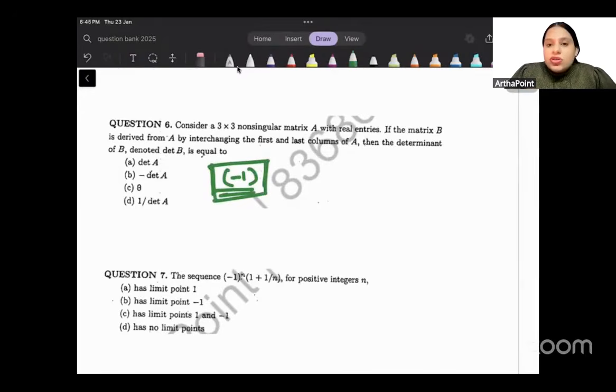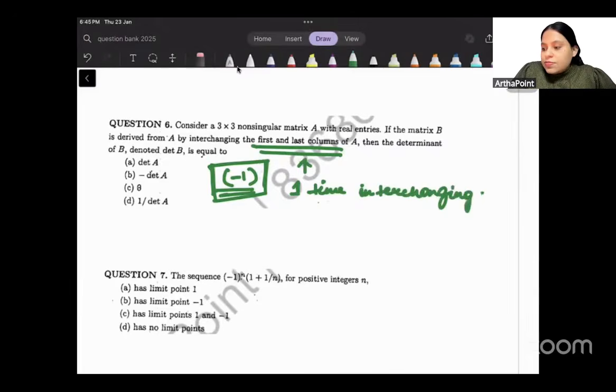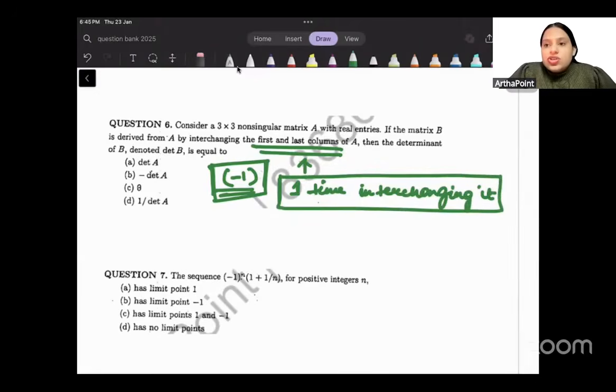So it is interchanging the first and last column of A, which means you are only interchanging it one time. So yes, the answer will become B. That would be the correct answer to this question. All of you are correct. Go ahead, give the next question a try.